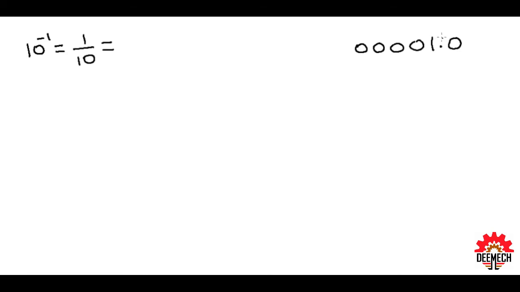Here it is 1.0, so now I have to shift the decimal point minus 1, that is 1 position backward. So now it has become 0.1. It is denoted by small d, that is deci.